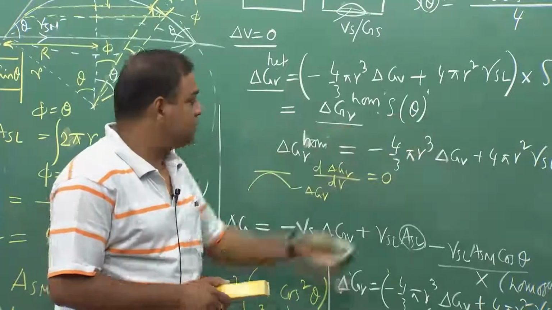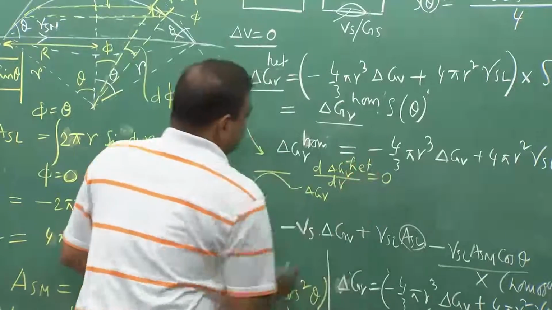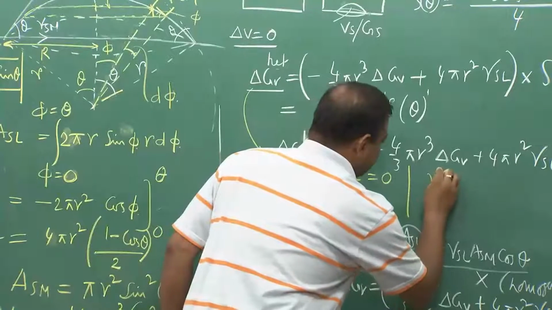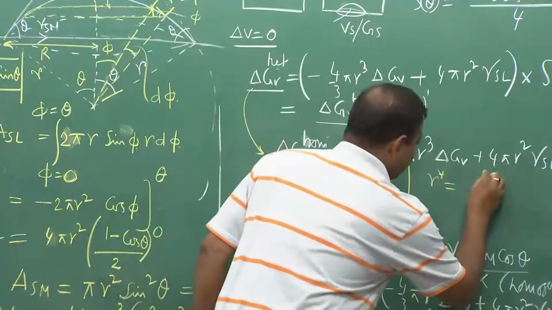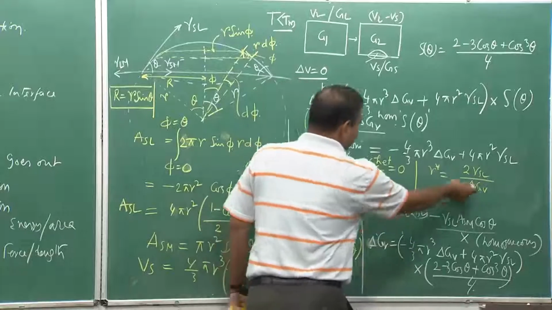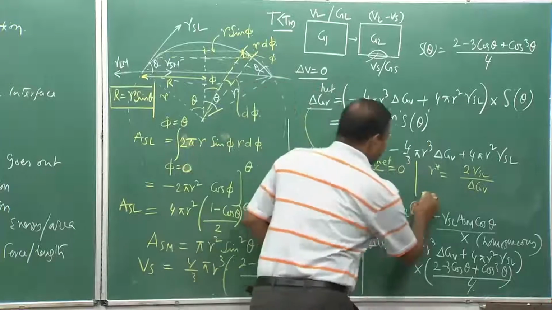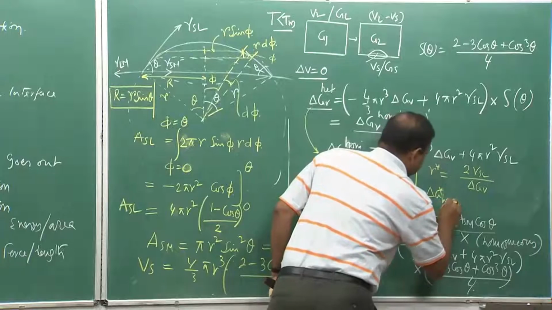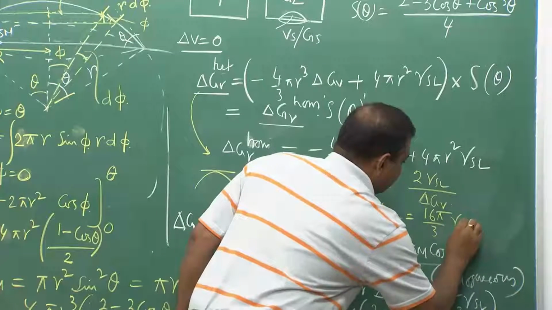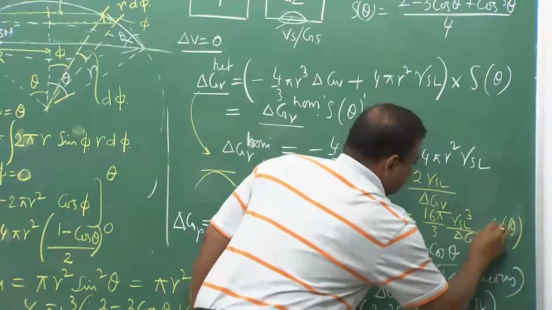r. Okay. So, we will see that in this case, this would be equal to 0, and then we would get r star similar to 2 gamma S L divided by delta G V. And if I reintroduce this into this particular expression, you will see that delta G star heterogeneous would be equal to 16 pi gamma S L cube by 3 delta G V squared into S theta.